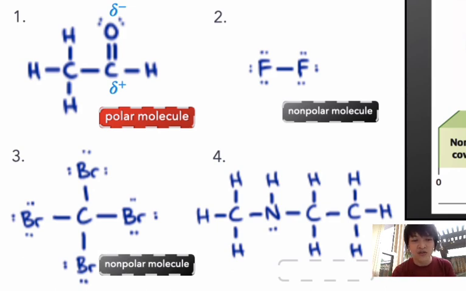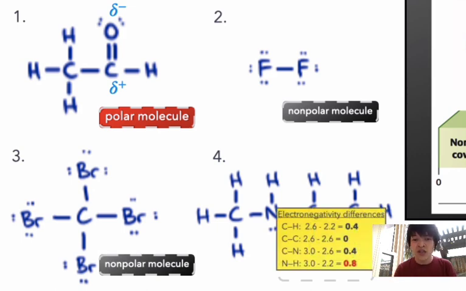For our last molecule, number 4, we have a lot of different bonds going on here. We have carbon-carbon bonds, carbon-hydrogen bonds, carbon-nitrogen bonds, and nitrogen-hydrogen bonds. So let's take a look at all of these electronegativity difference values. Now, the only one that is considered polar covalent is the one that has an electronegativity difference of 0.8, the nitrogen-hydrogen bond. So only the nitrogen-hydrogen bond will have a separation of charge.